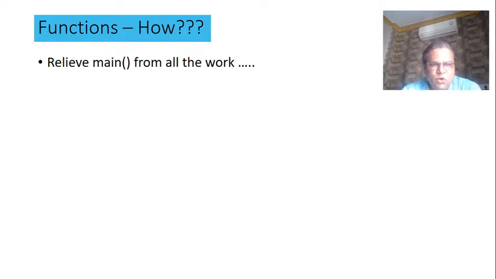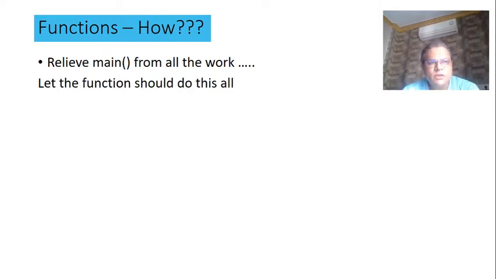In this case, what we will do is we will relieve main from all the work. That means let the function do all three operations, that is input, calculation, and output, and main will be doing nothing.